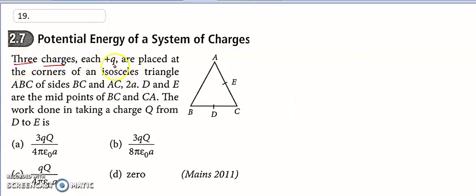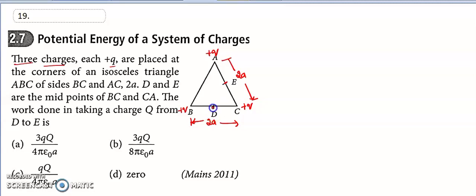Three charges plus q: a plus q, plus q, plus q. So it is an isosceles triangle. This side is a, this distance is 2a, and this distance is also 2a. This is also a middle point.